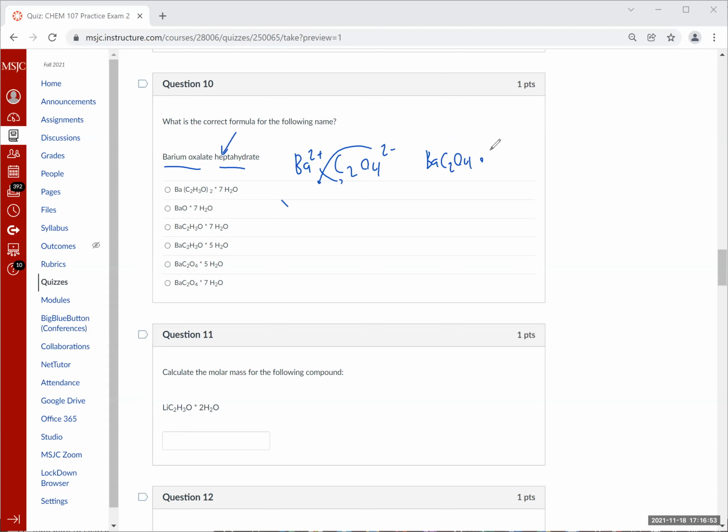Heptahydrate, hepta implies 7. Hydrate, we have 7 water molecules. So then barium oxalate heptahydrate would be the following. Does this example of hydrate nomenclature make sense?